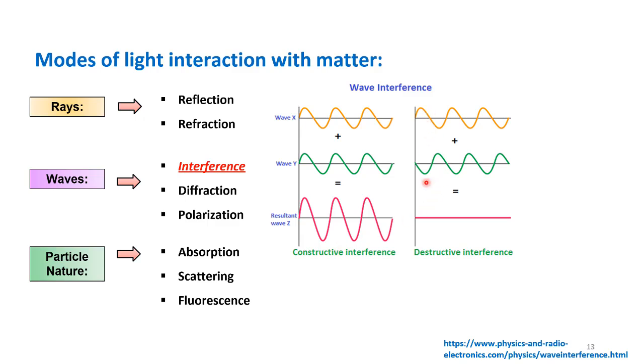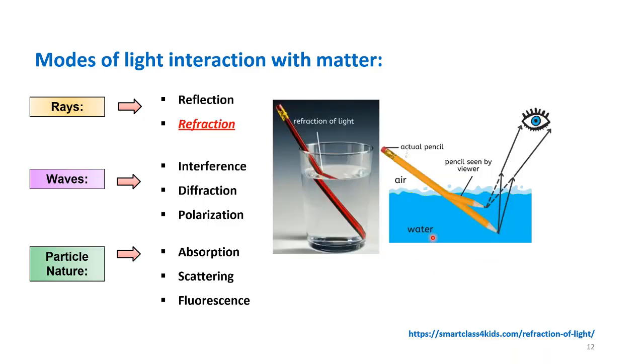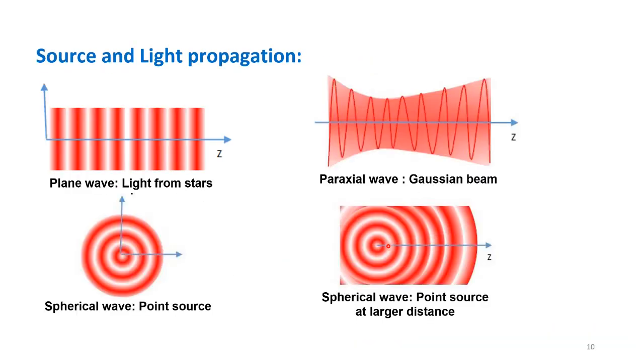And if it is not aligned properly, and the minima is intersecting with the maxima of the other wave, in that case we will not get any amplitude, and that is called the destructive interference. That's why in the previous one you can see at some places the intensity is high, at some places it is less.